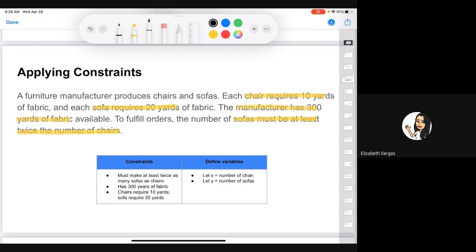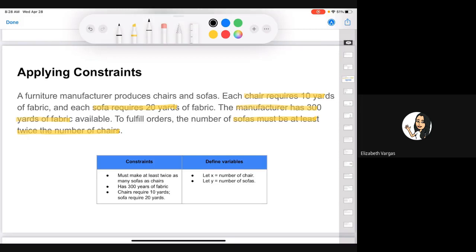So what you see here is that we have a variety of different constraints that we need to meet. We need to make sure that the number of sofas is twice as much as the number of chairs. We need to understand that the manufacturer only has 300 yards of fabric to work with. We must ensure that the chairs use 10 yards and the sofas require 20 yards.